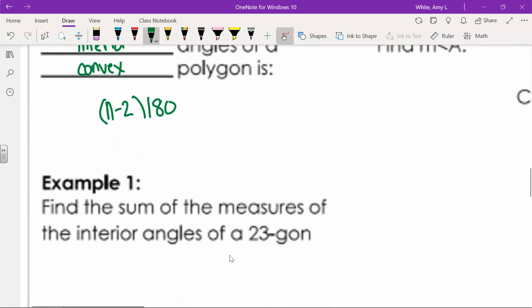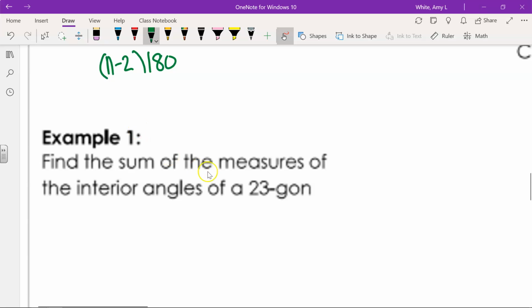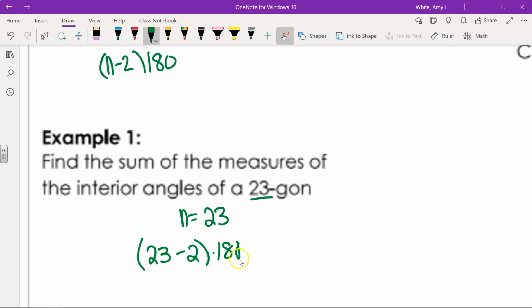So to use this in example 1, they ask us to find the sum of the measures of the interior angles of a 23-gon. Remember, 23 is going to be my value of n. So all I need to do to find the sum of the measures is substitute that into my formula. So I could substitute in 23 for n, and we get 23 minus 2 times 180. 23 minus 2 is 21, so it's 21 times 180.